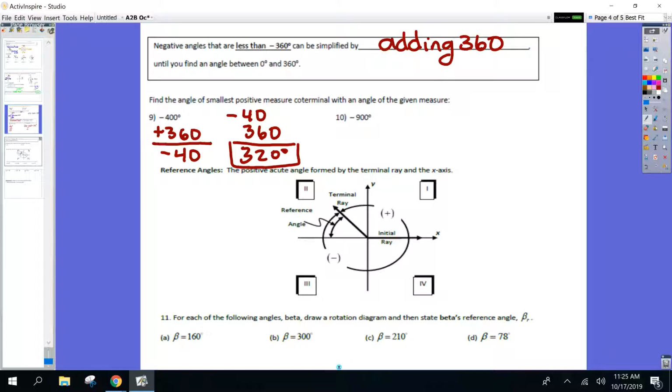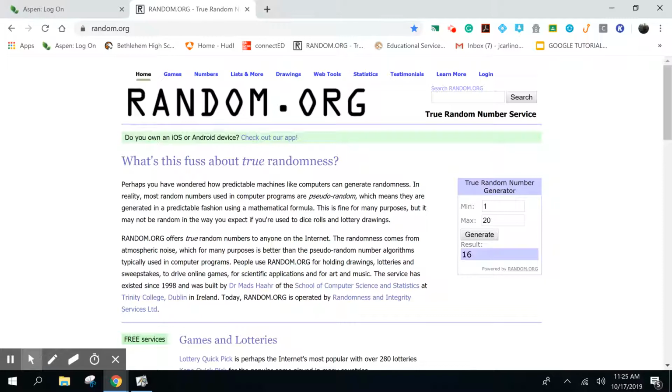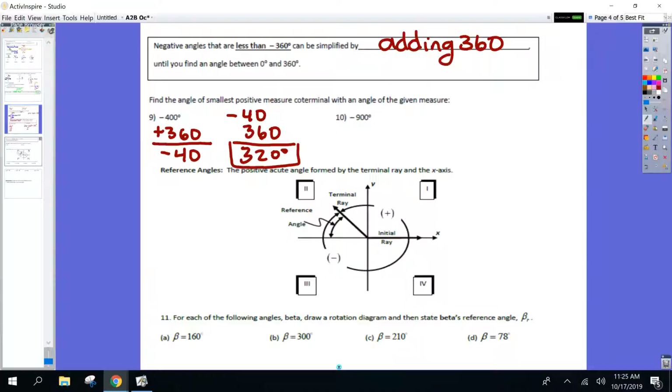And for negative 900, what are we looking at? 180 degrees, yep.